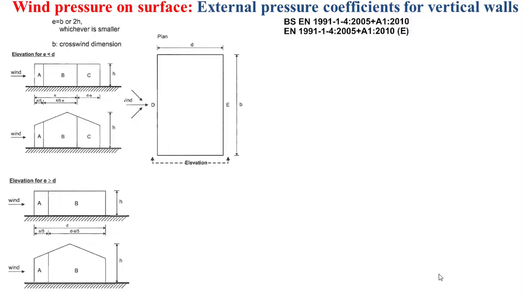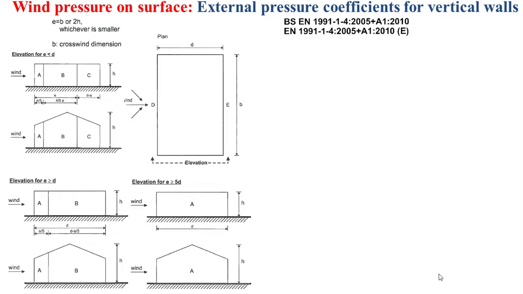The second case is when the dimension small e is higher than the dimension small d. In this case, we have two pressure zones in the side wall, the zone A and the zone B. Of course, the pressure in the zone A is higher than the pressure in the zone B, and the in-wind dimension of the zone A is equal to e divided by 5, and the in-wind dimension of the zone B is equal to the dimension small d minus the dimension small e divided by 5.